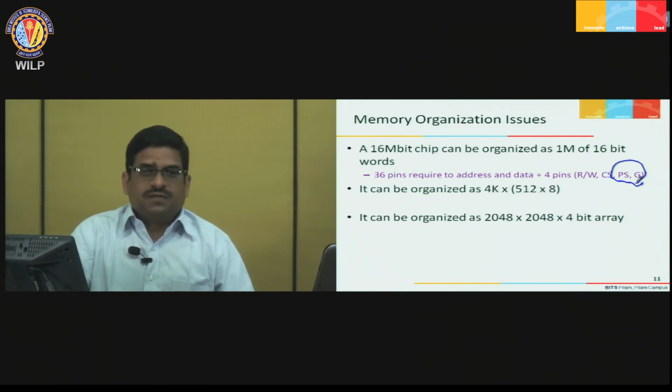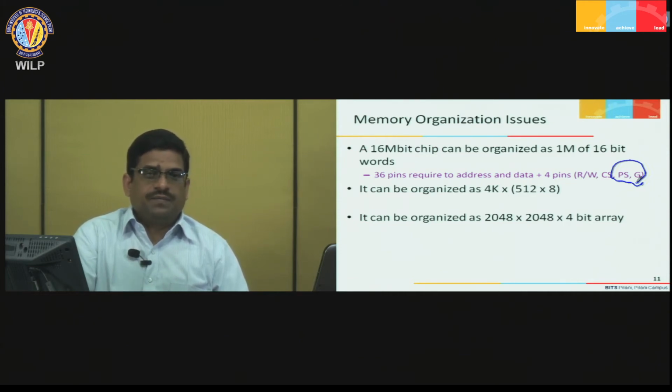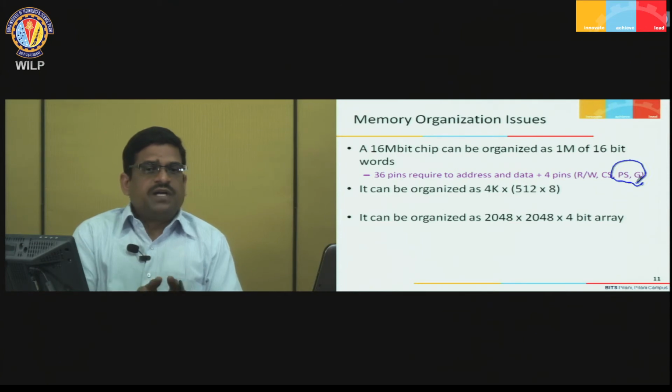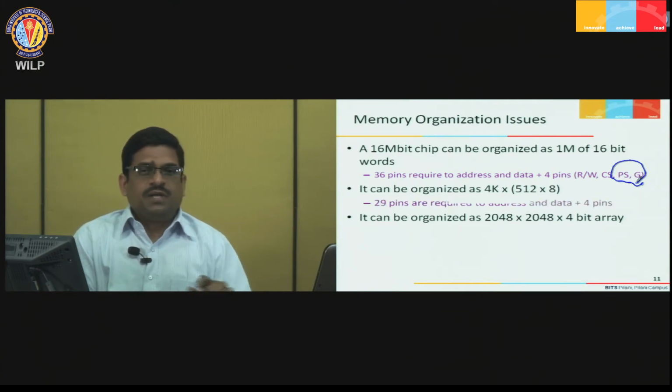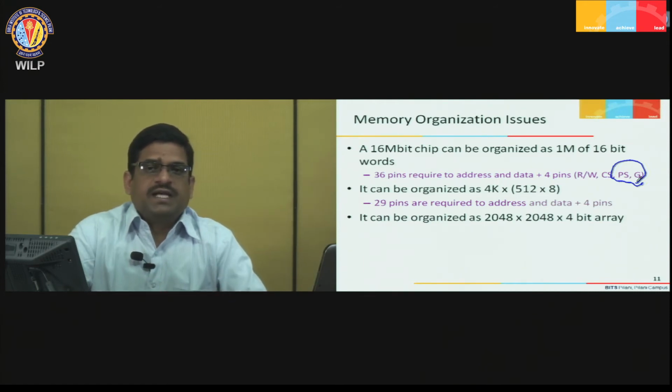Now, the same size of memory, I am organizing as 4K into 512 into 8. If you multiply all these things, you will get 16 megabit only. So, this organization says you have 4K total lines and 512 columns, each column containing 8 bits. So, for that how many pins are required? 29 pins are required for the data and the address part.